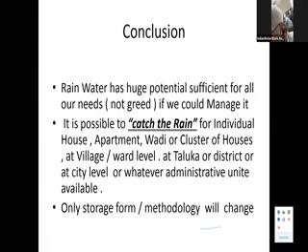It is possible to catch the rain for an individual house, apartment, wadi, cluster of houses, village, ward level, taluka level, district, whatever the administrative unit might be. Only the storage form and methodology will change. Here I have not used anywhere the word well, borewell or anything else. Only surface runoff.